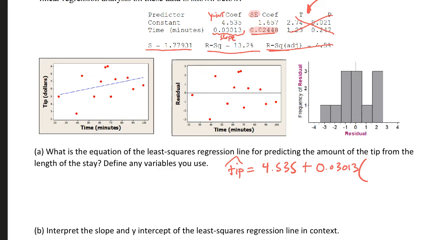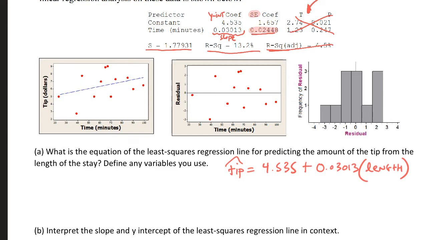So I could do y hat and x, a plus bx, but I will just do predicting the amount of tip from length of stay. So I'll just call it length. And I don't need to define anything.